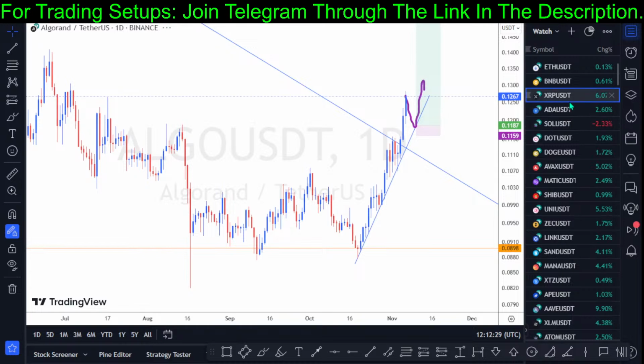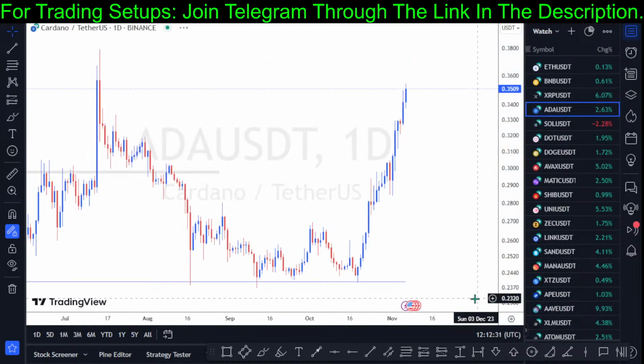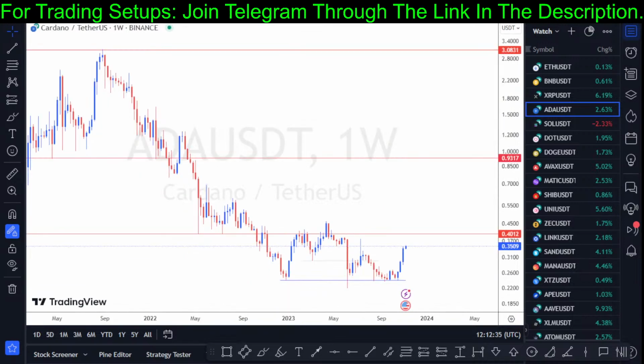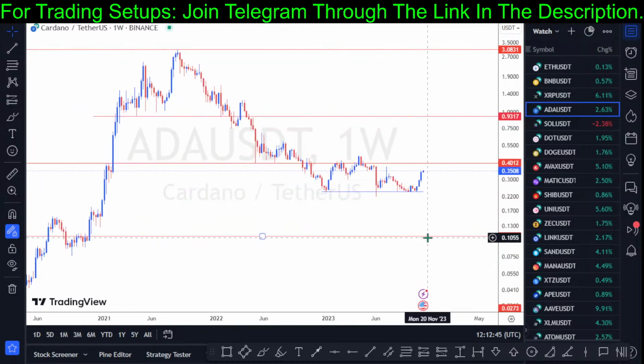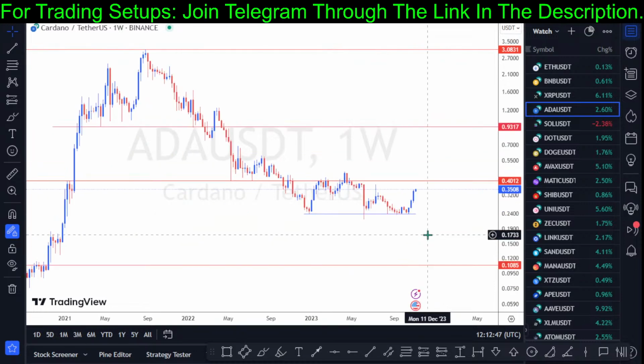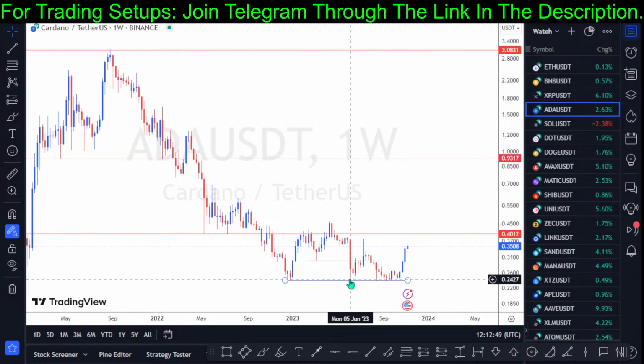This is the chart right here, the chart of ADA Cardano paired against the USDT. As you all know, I always start my analysis based on the higher time frame, and this is the best way you can analyze the market. So this is what we have on this price chart right here. These are the charts right here, so clean and so easy to analyze.